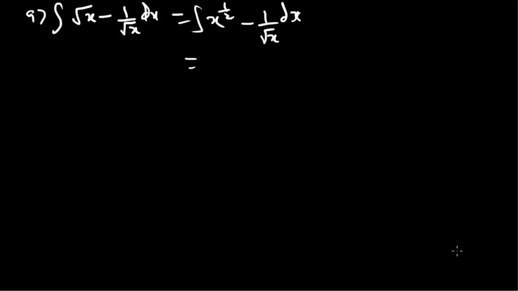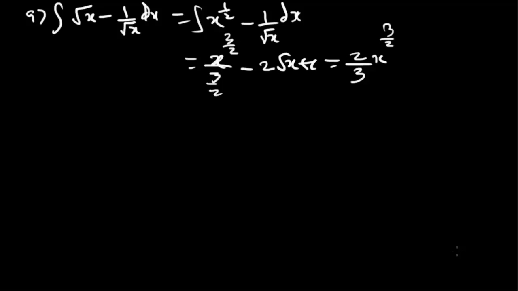So this is equal to x power half plus 1, which is 3 by 2, by 3 by 2, minus 1 by root x integration is 2 root x plus c. This can be written with the 2 going to the numerator: 2 divided by 3 into x power 3 by 2 minus 2 root x plus c.